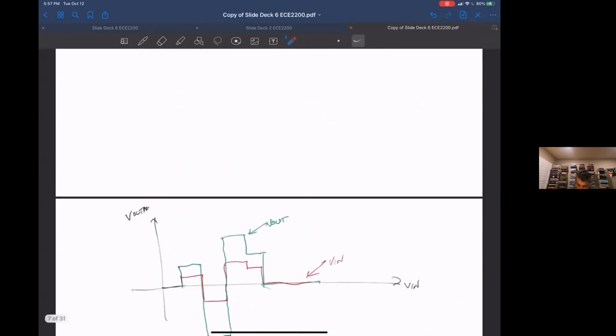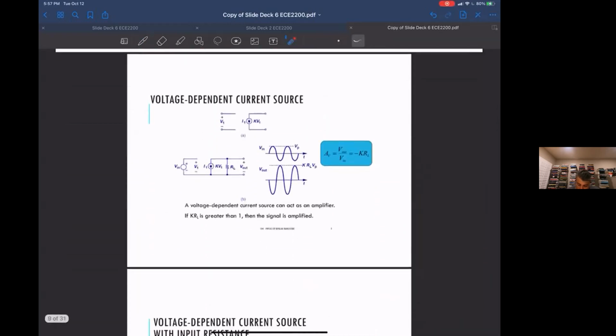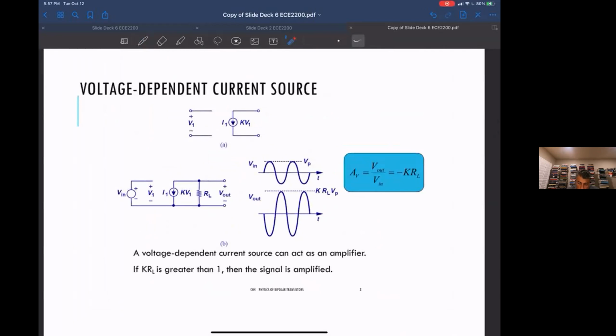Let's see, what is one way to get gain? Well, it turns out that a transistor acts like a voltage controlled current source.